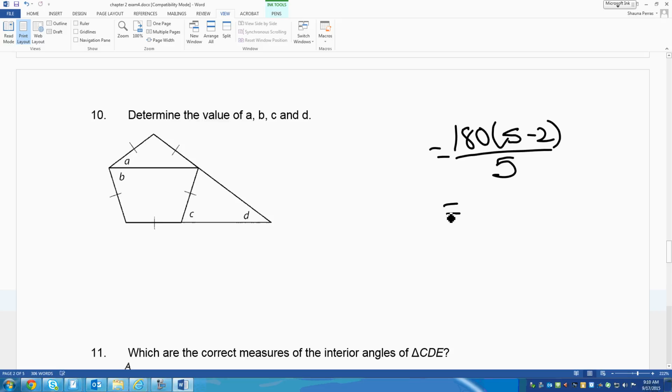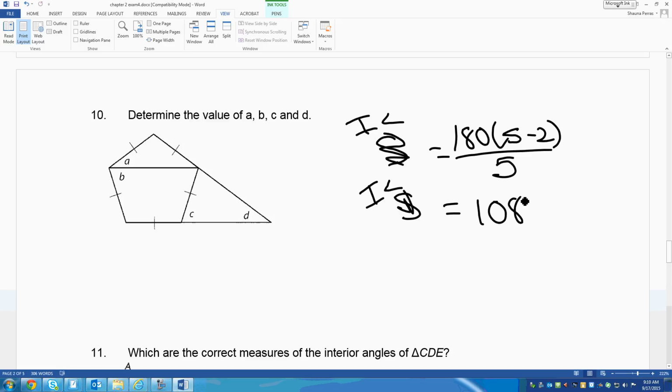So when we do this, it's not the sum, it's individual angle. When we do this, 180 times 3, that's 540. 540 divided by 5, that's 108.